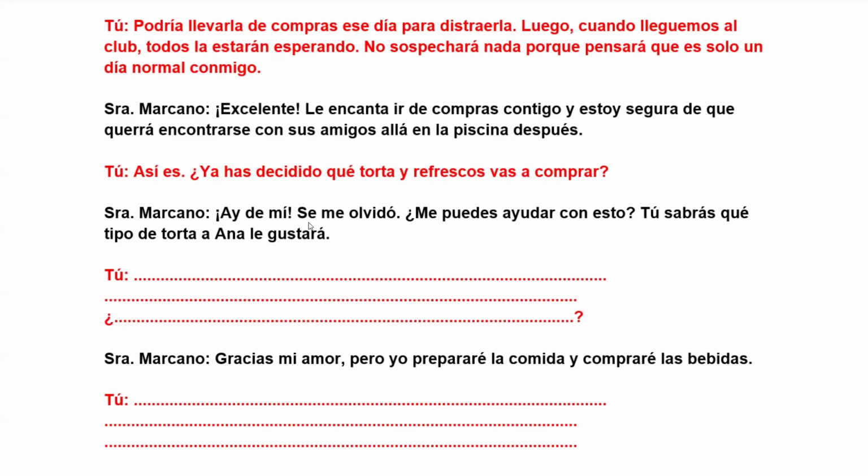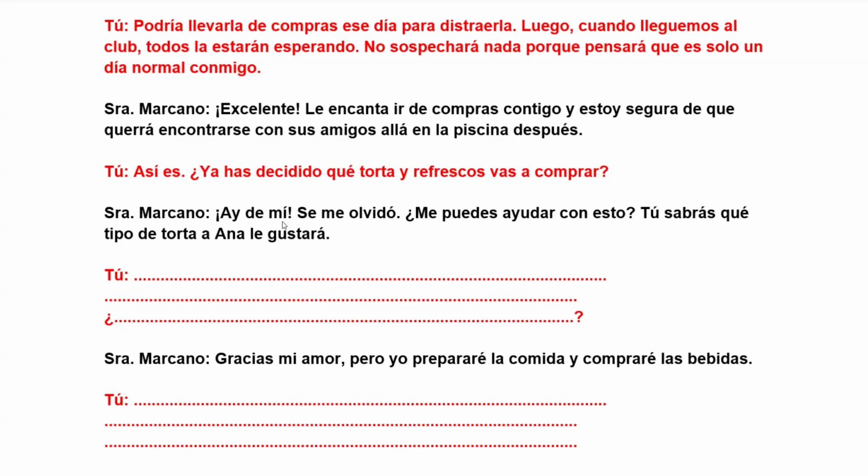So this is why I keep saying it's important to read what is written above and what is written below, right? So you can have an idea of what kind of response you need to give in the blank spaces, okay? So now we are going to move on to the next part.